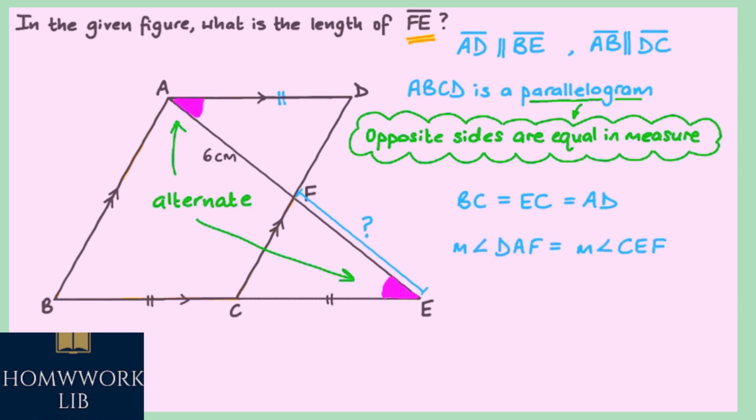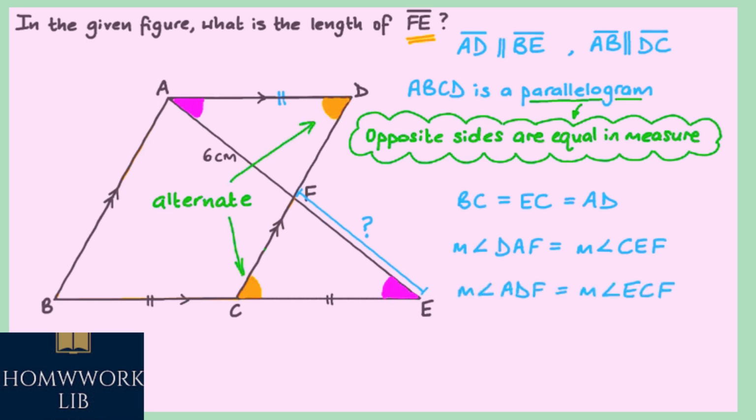Using these parallel line segments and the transversal AE, we can note that angles DAF and CEF are congruent, as these are alternate angles. Similarly, angles ADF and ECF are also alternate angles, and so are congruent. Therefore, we have determined that we have two pairs of congruent angles.